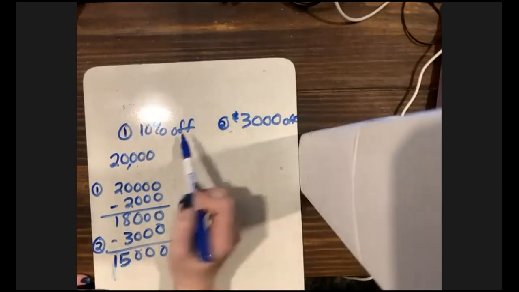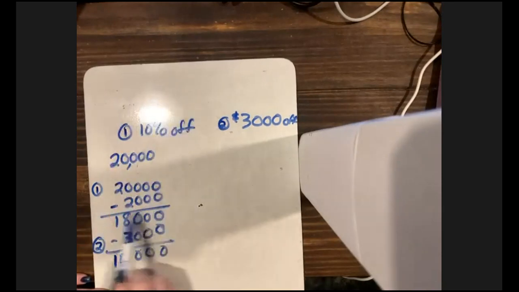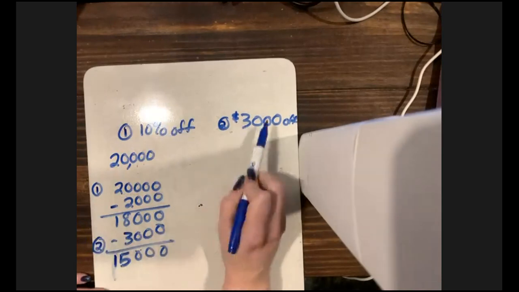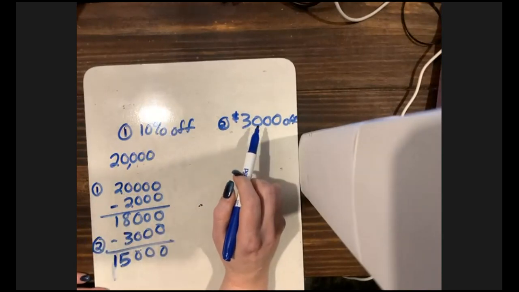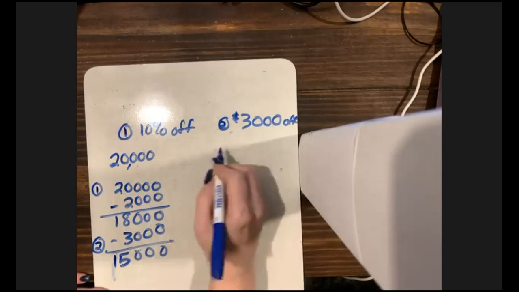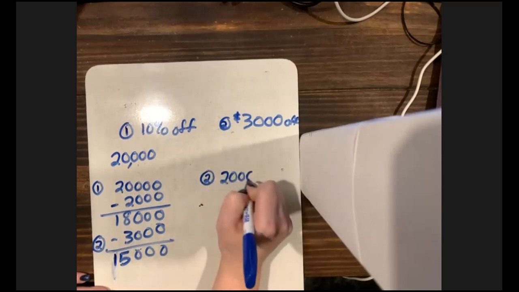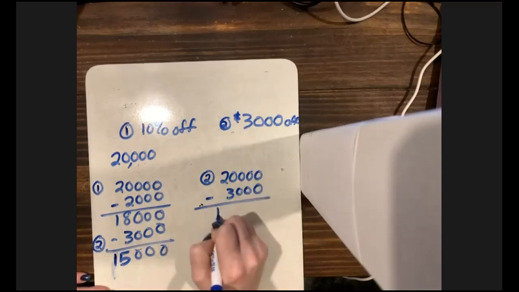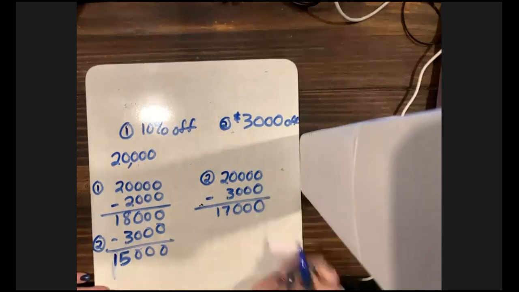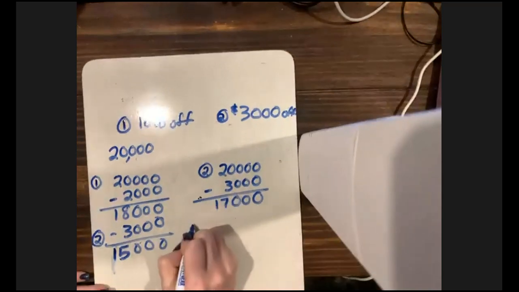Now the concept is I'm taking this 10% off answer of 18,000 and I'm plugging it into this $3,000 off equation next. Now, what happens if we do them the other way? I've got $17,000.